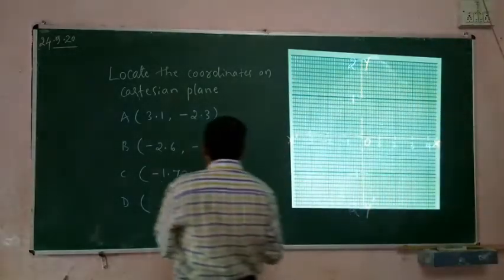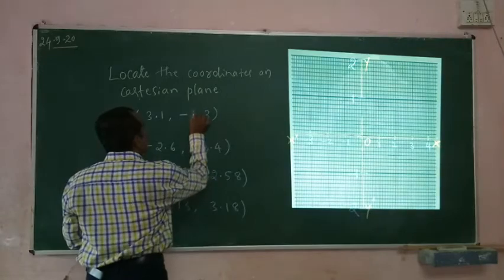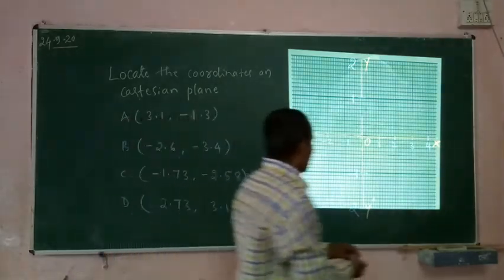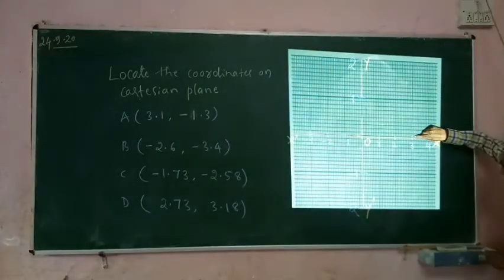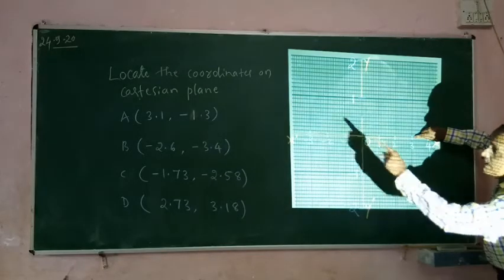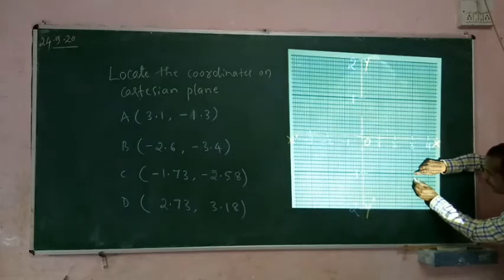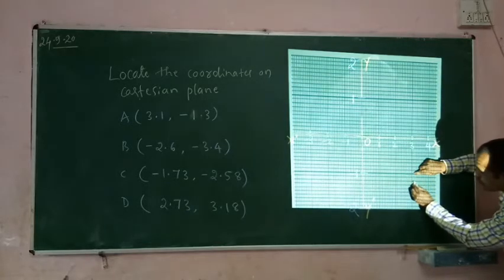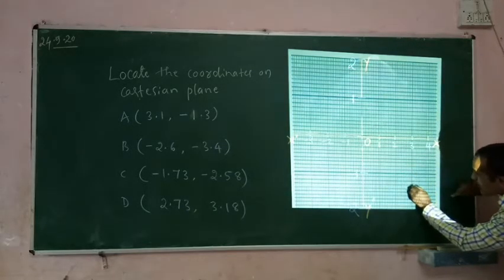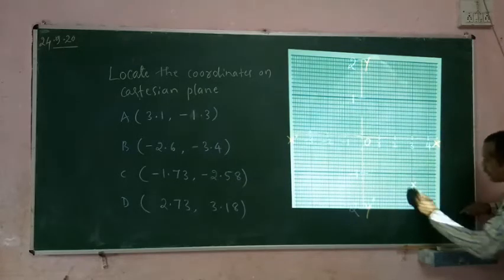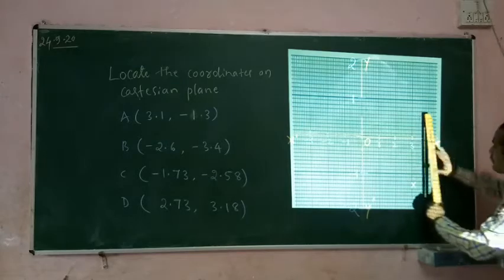Now this is not available, so I will change it to -1.3. See, 3.1 on the x-axis, y-axis -1.3. This is -1, from there -1.1, -1.2, -1.3. This is the point, my dear children.